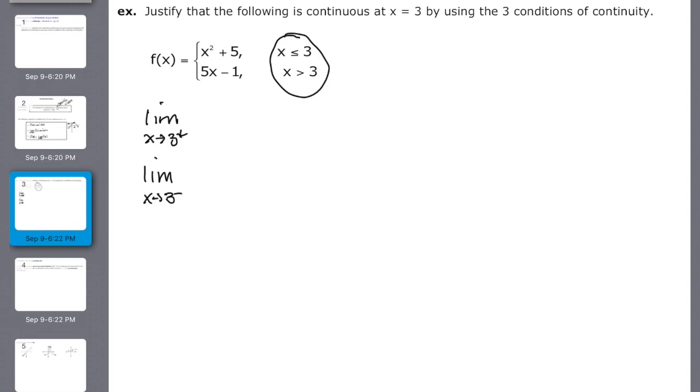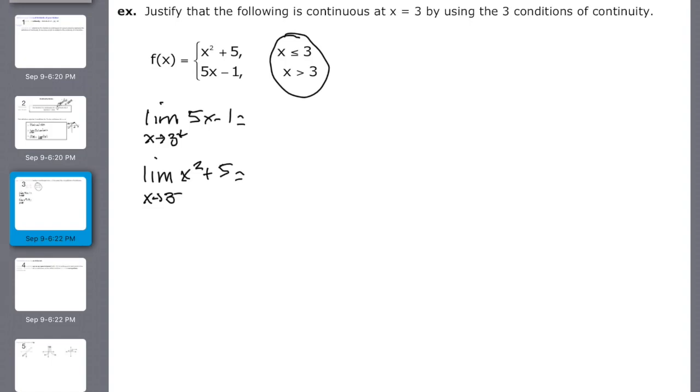So we're going to start with that idea of the limit. Remember, I have to choose which part of my function represents each. So it's 3 from the positive side, so that means we're talking about values greater than 3. So according to our inequalities, that's our second equation. So I'm going to use that one to evaluate. And of course, the other one should be here. So I'm just going to plug in a 3.